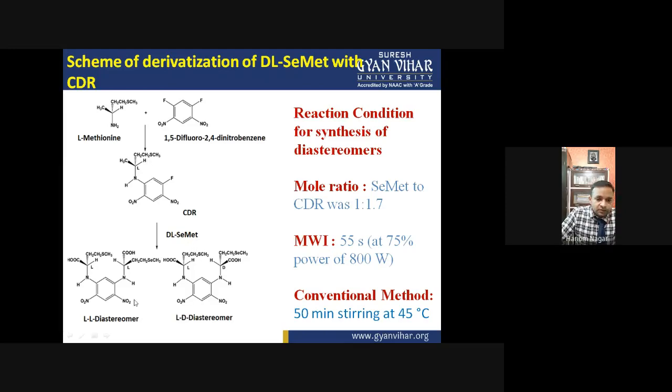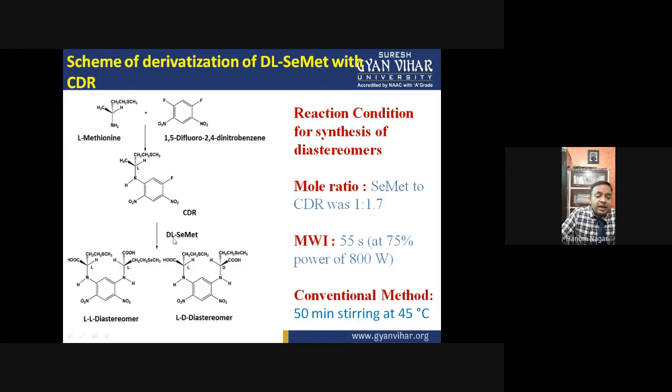So now, by the reaction of DL-selenomethionine with the chiral derivatizing reagent, two diastereomers are formed. One is the LL diastereomer, while another is the LD diastereomer. The LL diastereomer contains two chiral centers: one from L-methionine, and the second is the chiral center of selenomethionine.